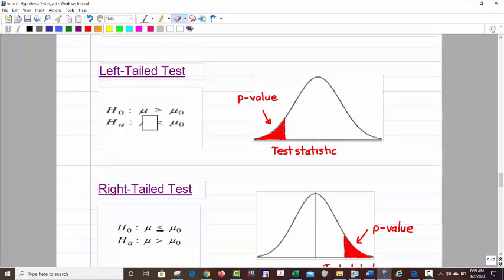This test, where the H0 is greater than or equal to and the Ha is less than, is defined as a left-tailed test. A left-tailed test is one where your test statistic is likely going to end up on the negative side of the z. I say likely, because it could end up on the positive side, but that's pretty rare. That actually means someone set up a really bad hypothesis, not the test statistic.